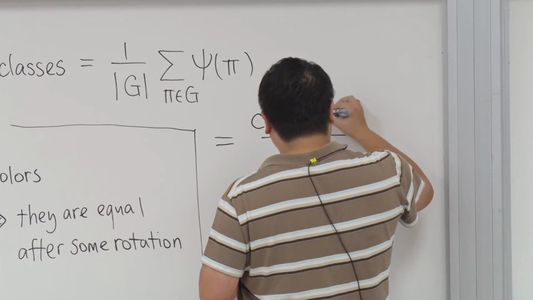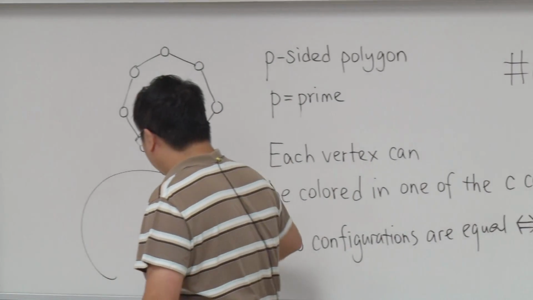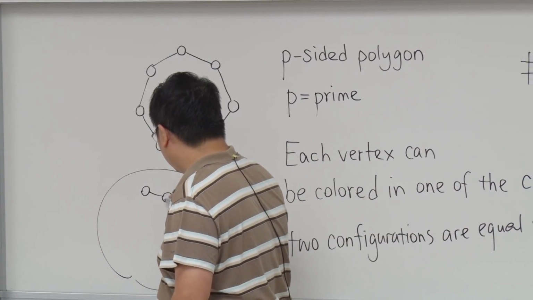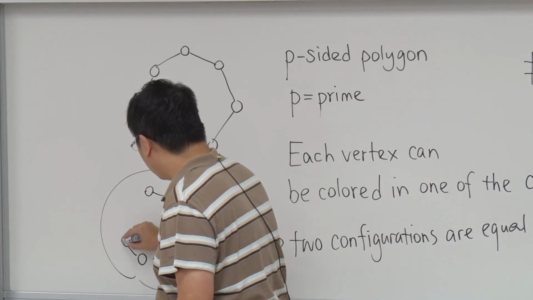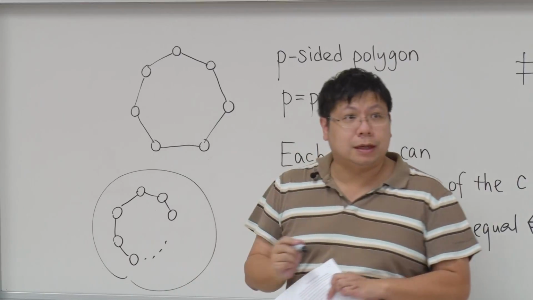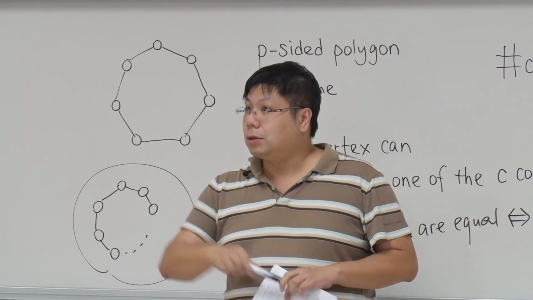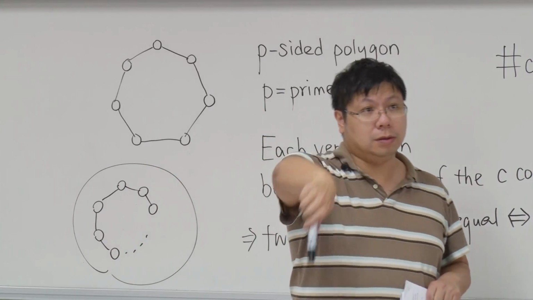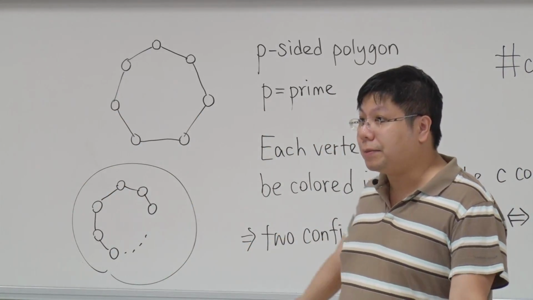In general, if it is a polygon with a prime number of vertices, we see that 2 is a generator. 2 plus 2 plus 2 plus 2 plus 2 will generate the whole set, because 2 is not the identity.